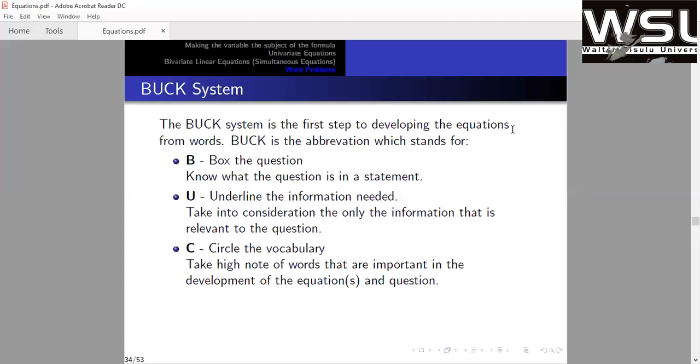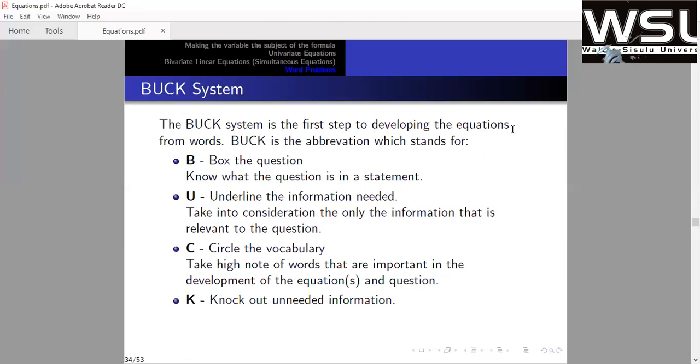You need to know what adds, what subtracts, what is equated to what. Now, all these things are important because if you do not understand the vocabulary, you won't be able to note what is dividing from what is multiplying.